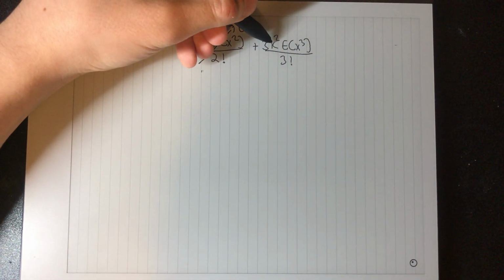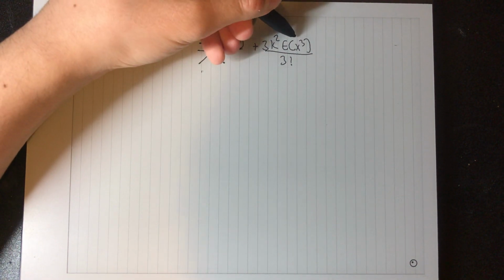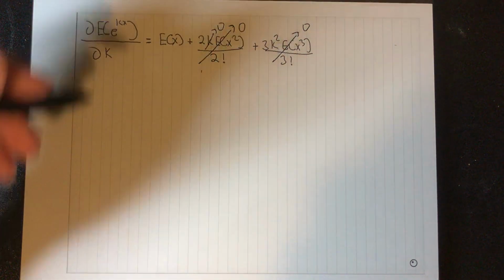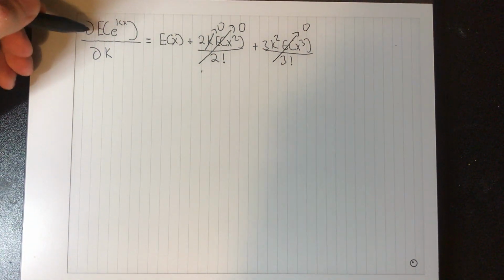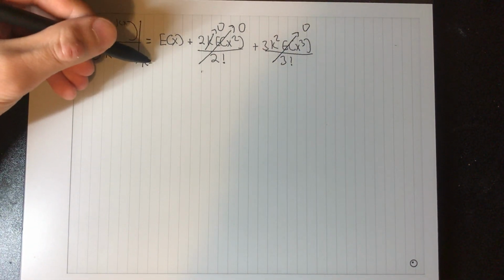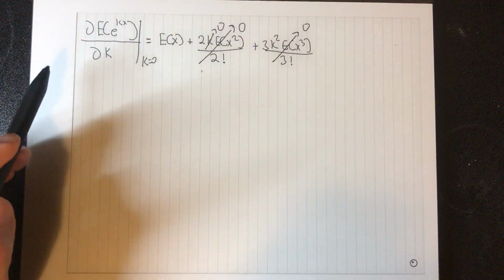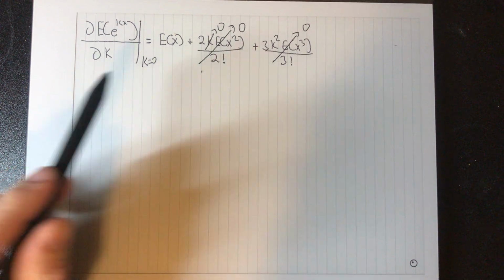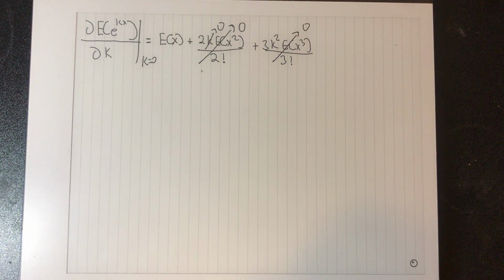And if we set k equal to 0 over here, then this whole function will be equal to 0. And therefore, taking the first derivative of the moment generating function with respect to k and setting k equal to 0 does give us the expectation of x, which is the first raw moment.